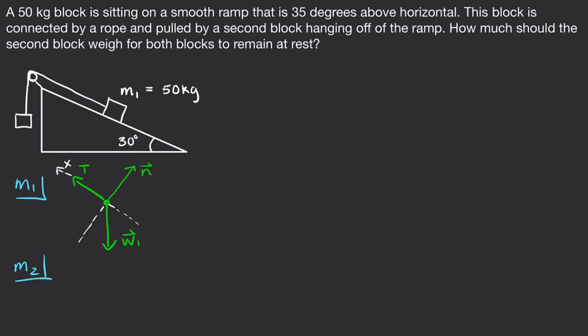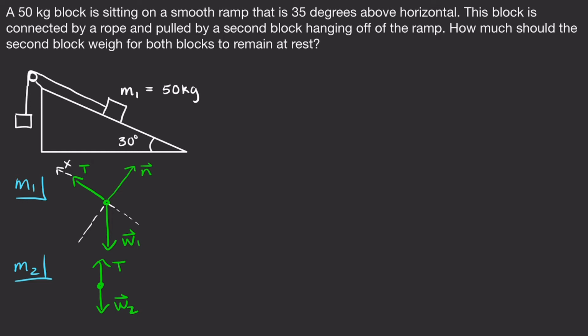Okay, so now I'll draw my second free body diagram. So this one's rather simple. I have just the second block being pulled up by this rope, and then its weight is pulling straight down. So we only have forces in the y direction. And now I'll start by doing Newton's second law. And I'm going to start with the second mass since there's only two forces, so it's a little bit simpler, and they're all in the y direction.